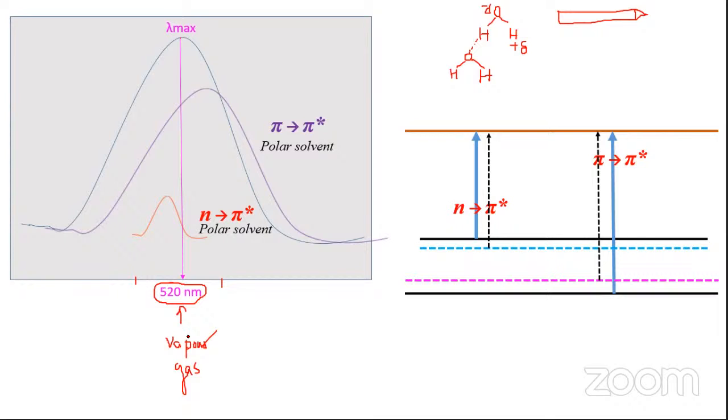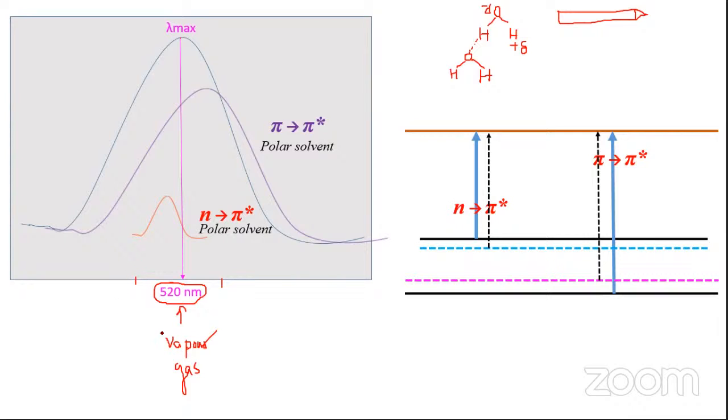Imagine that your molecule is in the vapor state when you're checking the absorption. Then you will see this peak at 520. However, if you dissolve your molecule in polar solvent, you will see a peak over here. If you dissolve the same molecule in non-polar solvent, you will see a peak over here.